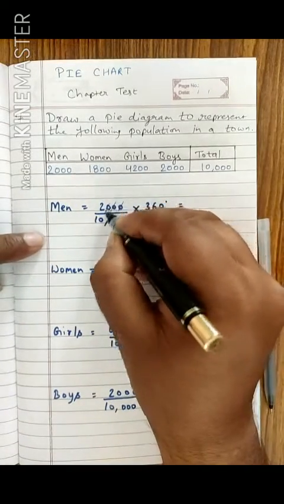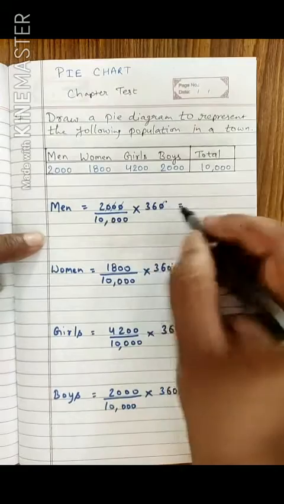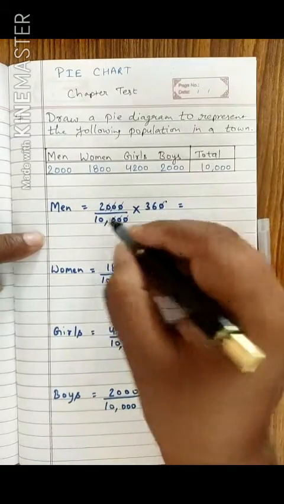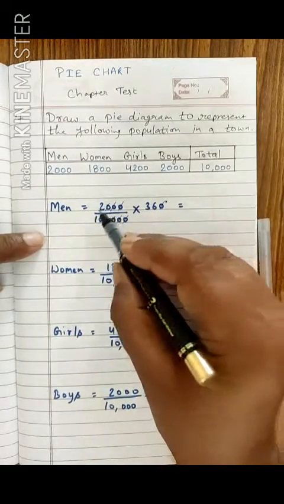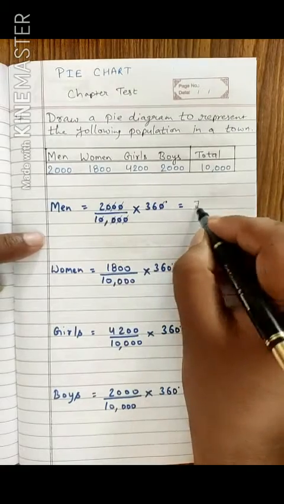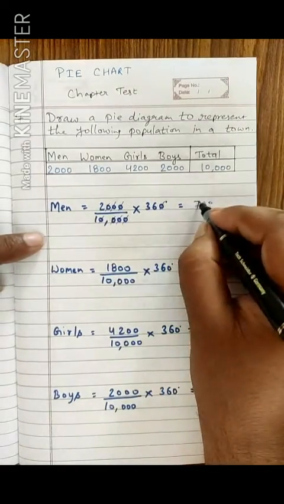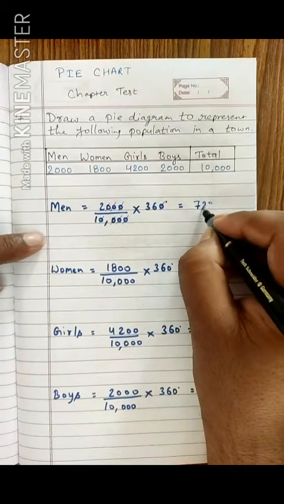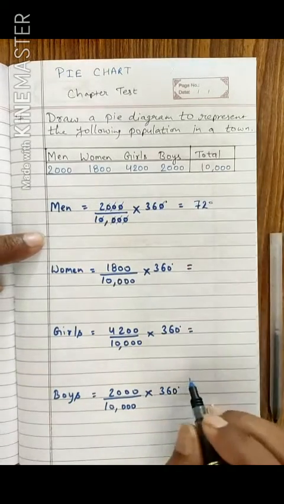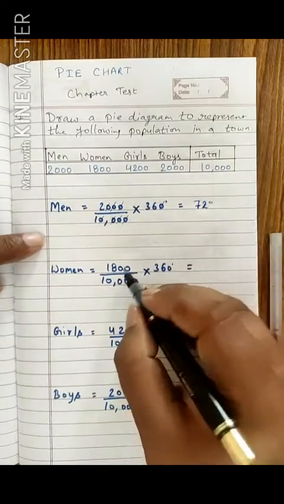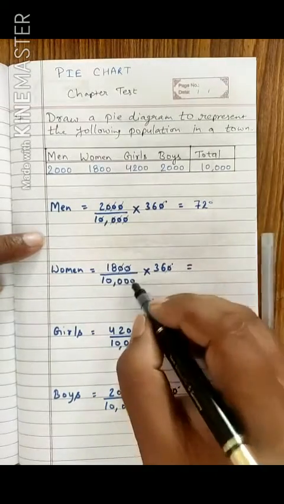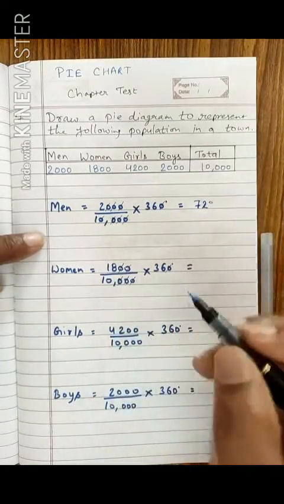These three zeros will be cancelled. This 40, 1, 2, 3, 4. So 2 into 36 gives you 72 degrees. And 1, 2, 3 zeros, 1, 2, 3 zeros.